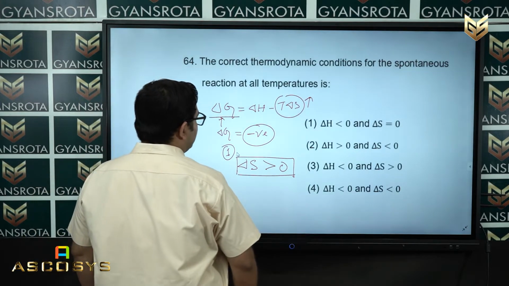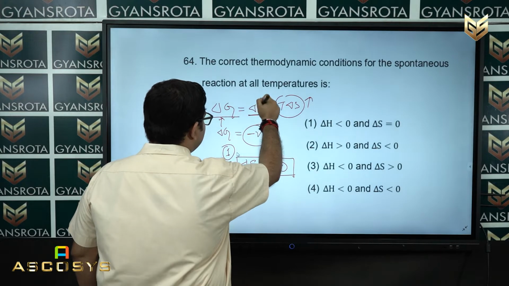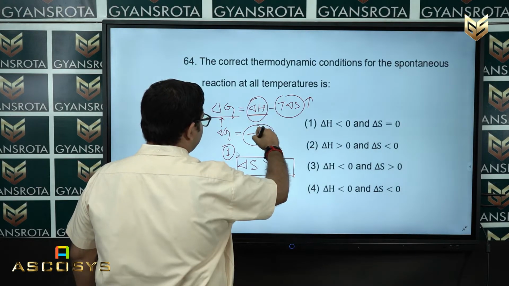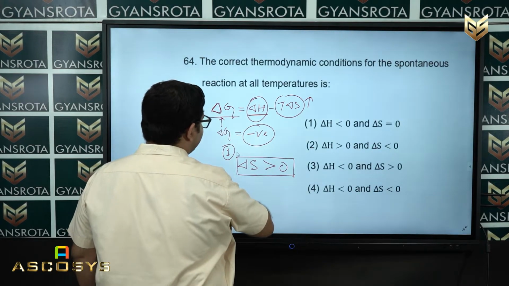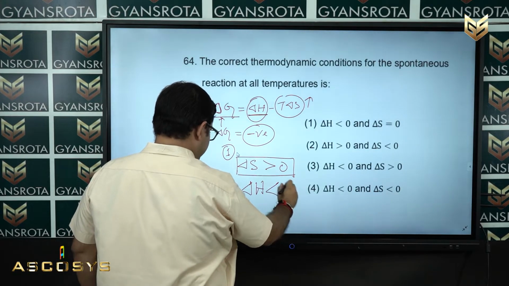In the second case, delta H value should be less than 0. If this value is smaller, then also your delta G value will be negative. So another one is delta H less than 0.